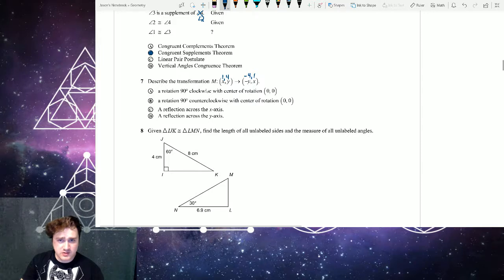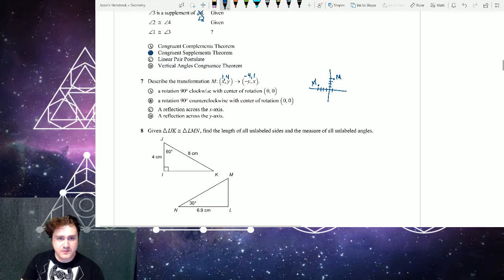So I'm going to draw a quick little rough sketch. Alright, so 1, 4, right 1, up 4. Here is my first one, I'll call that M. And then the next one I go left 4, up 1, and I'll call that M prime.